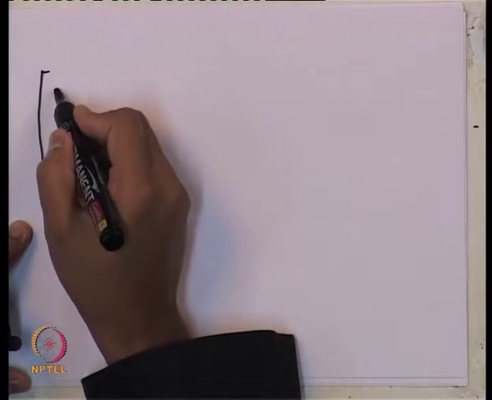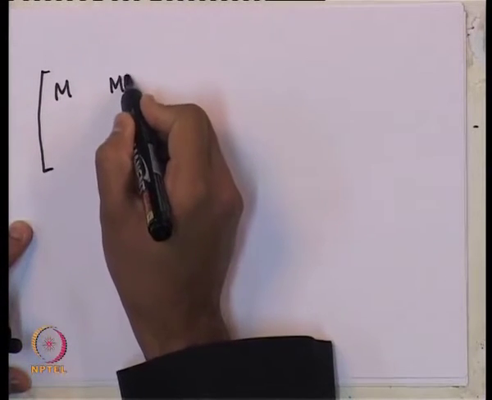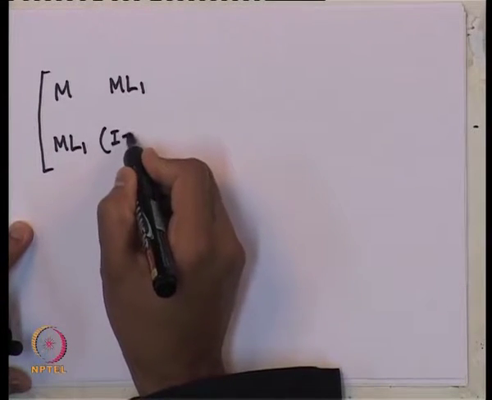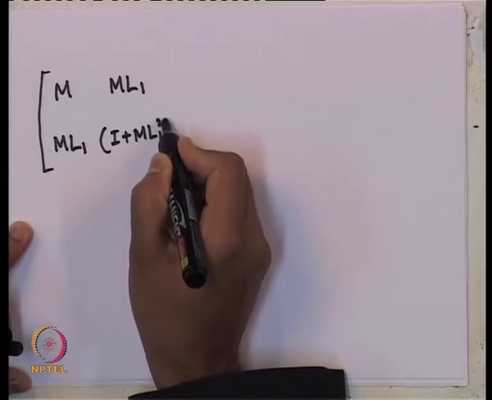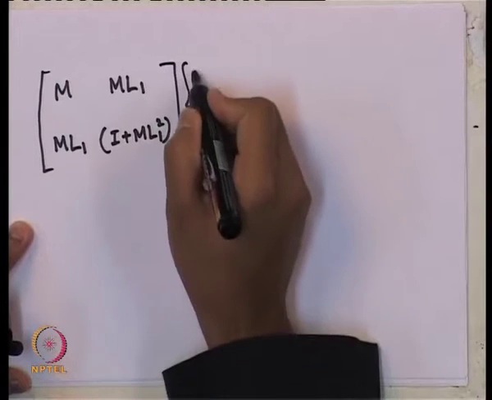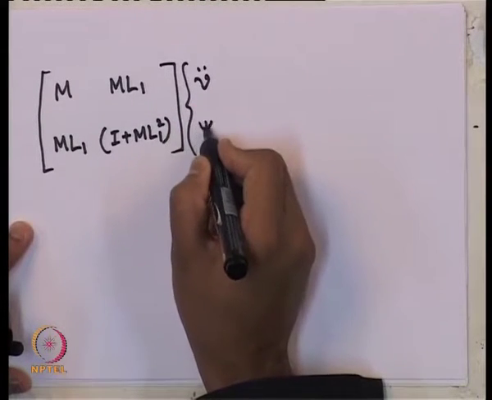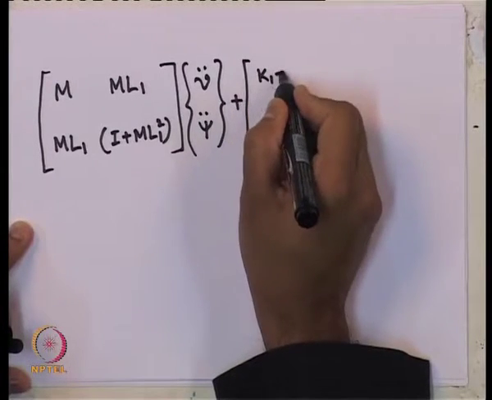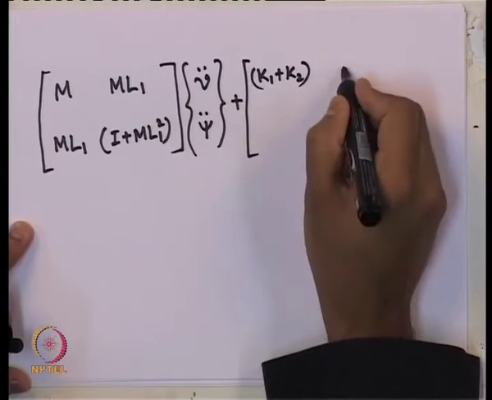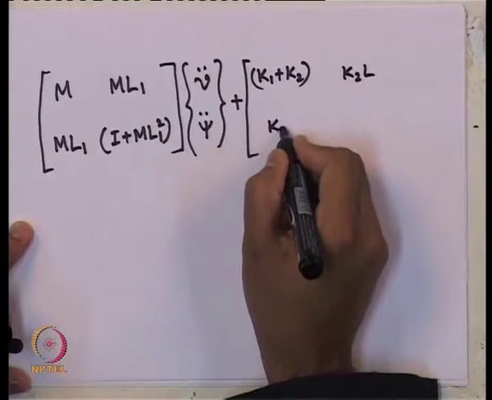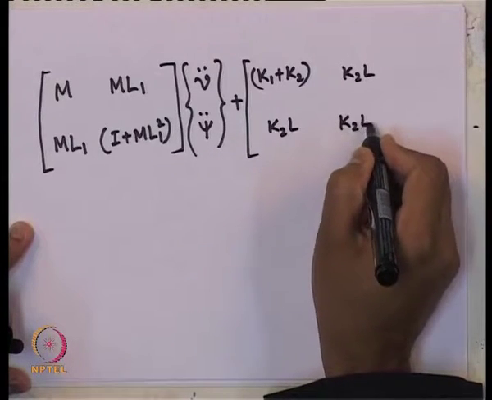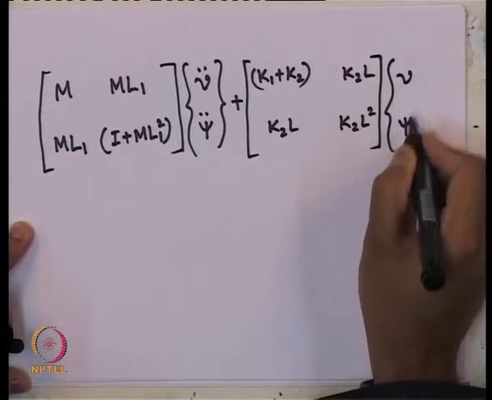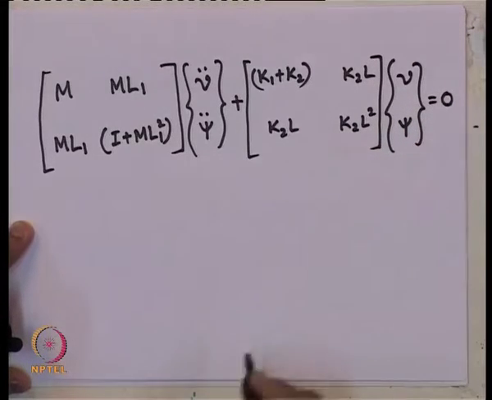If you write the equations in matrix form, it will look like this: [m L1; m L1, I plus m L1 squared] times [V double dot; psi double dot] plus [K1 plus K2, K2 L; K2 L, K2 L squared] times [V; psi] equals 0.